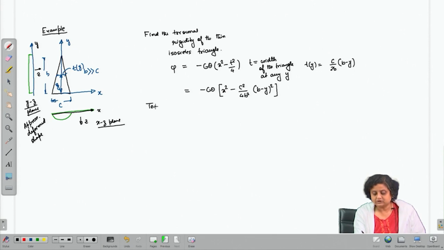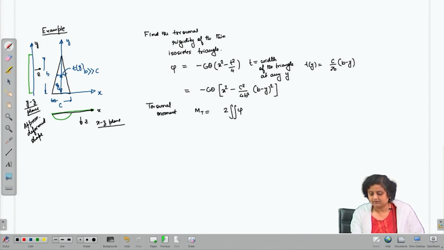Therefore, the torsional moment MT can be written as 2 times the integral of phi.